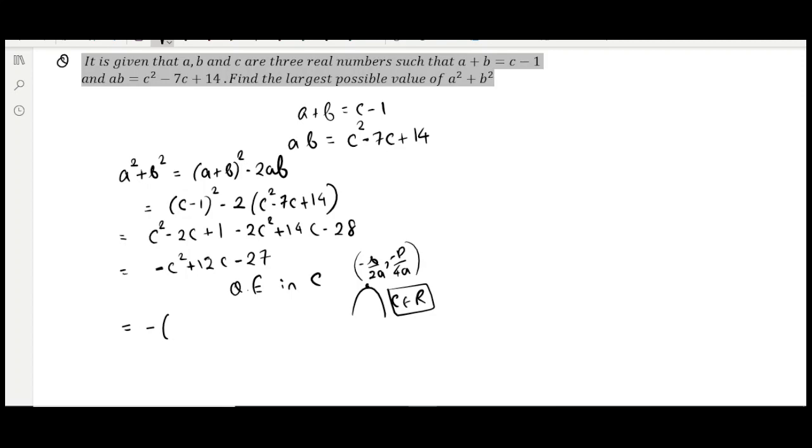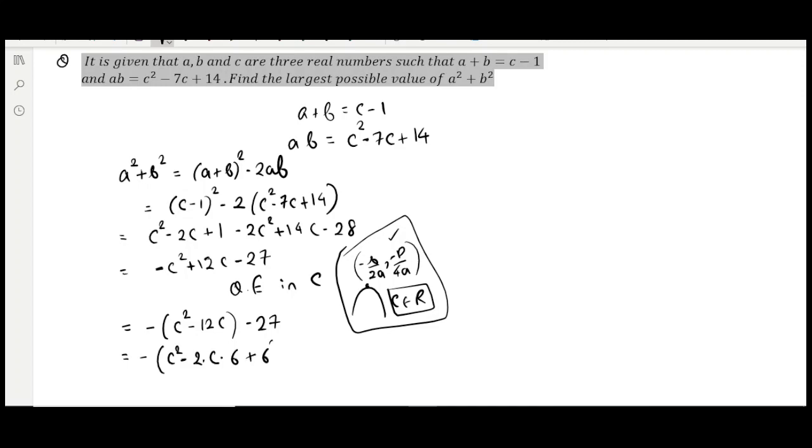So first we will make it a perfect square, right? Minus whole bracket c square minus 12c, and minus 27 is outside. The best way to find the maximum or minimum of a quadratic, if you don't remember this formula, is to make a perfect square, because the formula has a limitation that c should belong to real. So c square minus 2c, then 2 into 6, here 6 should come.